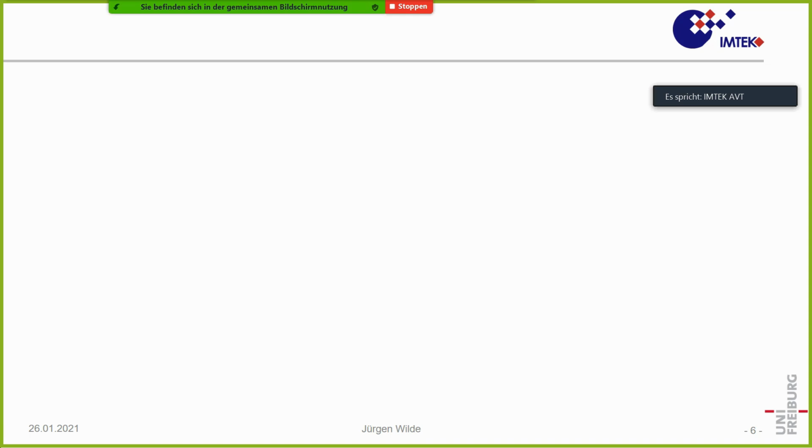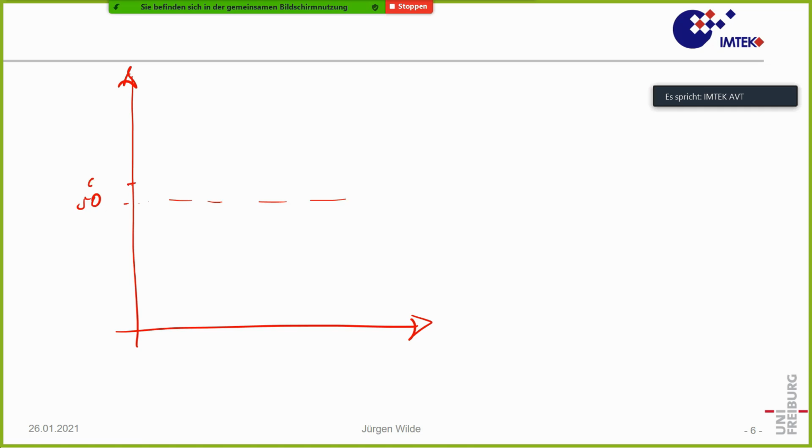And let's see how to proceed here. We have to plot it, but when we plot it on a linear scale, we will have a non-linear curve.